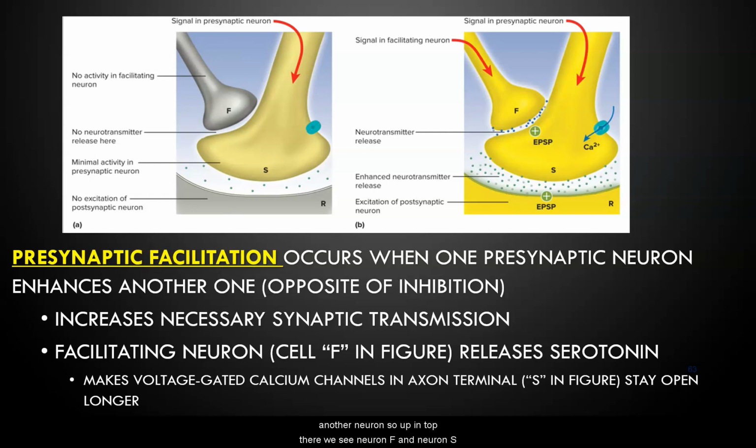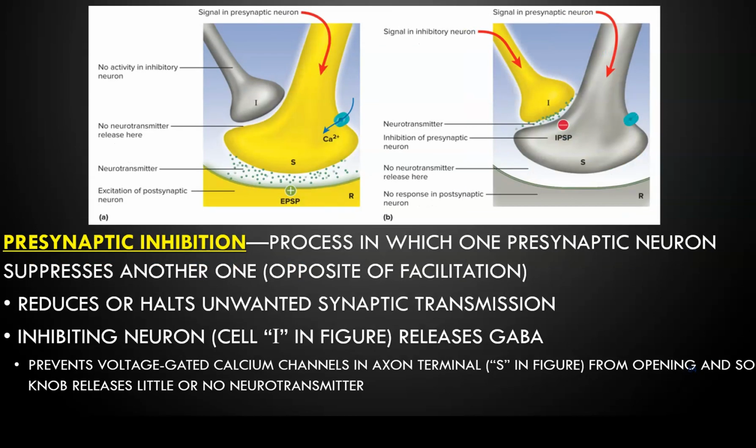So up on top there we see neuron F and neuron S. The S is the signaling neuron and F is the facilitating neuron. So the neuron F releases serotonin, which makes the voltage-gated channels in the S axon terminal stay open longer, so that the EPSP happens more often.